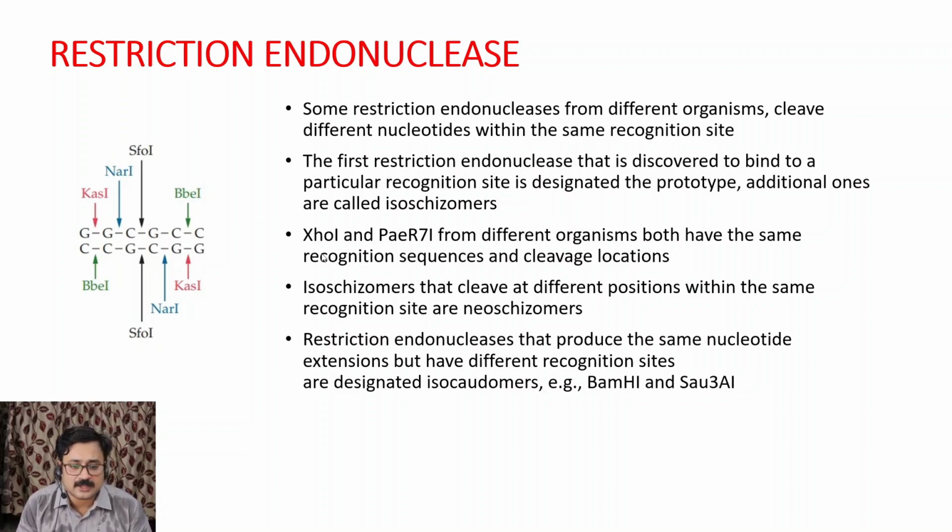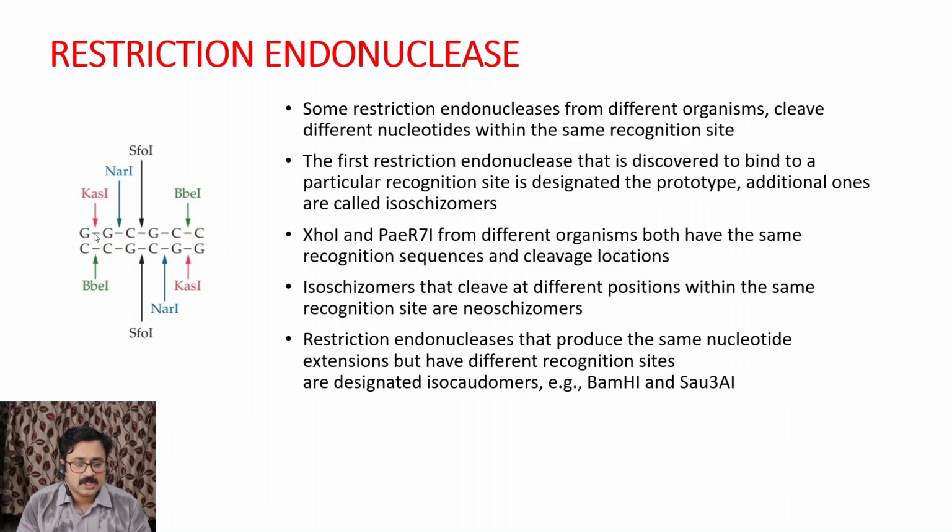Okay, and for example XhoI and PaeR7I, these are restriction endonucleases collected from different organisms, but they have the same recognition sequence, and another uniqueness is that they also have the same cleavage locations as well. Now isoschizomers that cleave at different positions within the same recognition site are called neoschizomers.